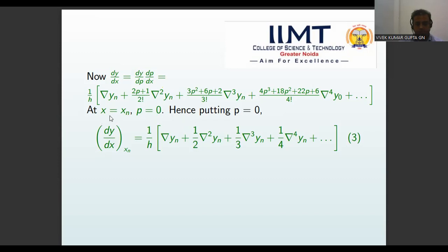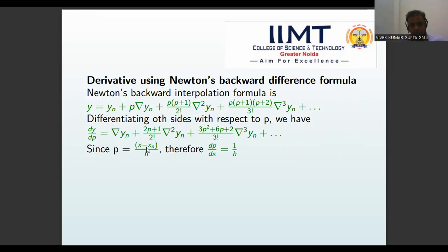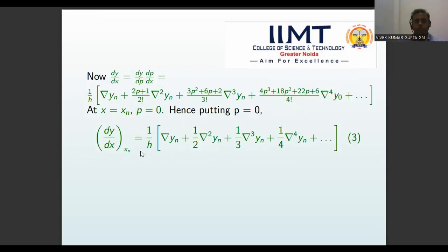That's why after differentiating, we substitute x is equal to xn, which gives p is equal to 0. Why are we substituting x is equal to xn? Because we can find the derivative only for the known values of data. We can see that p is defined as x minus xn upon h, so when x is equal to xn, it gives 0.